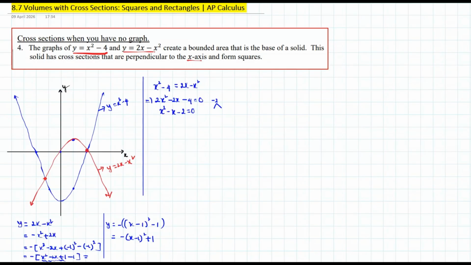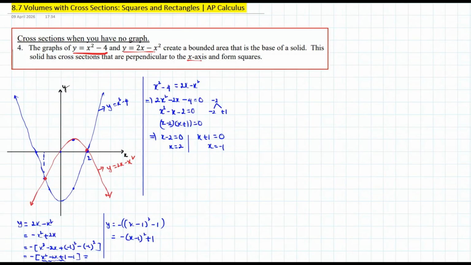The factors of negative 2 are negative 2 and positive 1, so the factorization is x minus 2 times x plus 1 equals 0. So x equals 2 and x equals negative 1, the two intersection points.